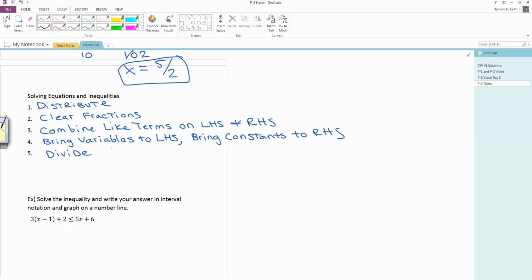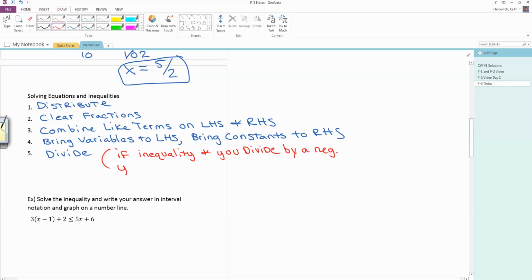Now, the only thing you have to keep in mind, if it's an inequality, and you divide by a negative, what do you do? Yeah, that is correct. You switch or flip the inequality.